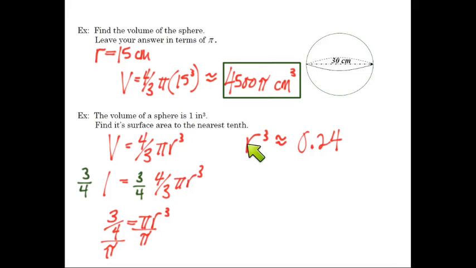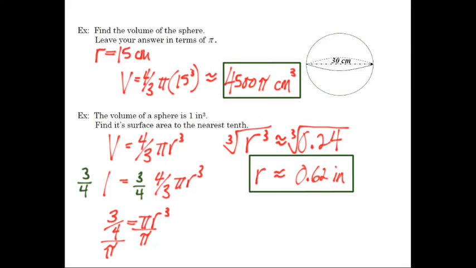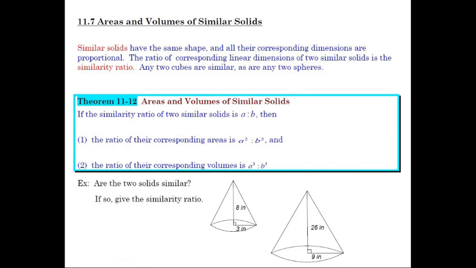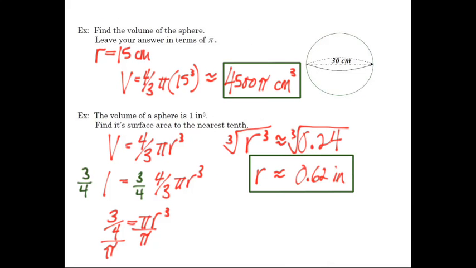Now to undo this cube power, this third power, I take a cube root. So I'm going to use my calculator to get a cube root on both sides. When I do that, I'm going to get 0.62 for my radius. Now I'm not done though, because I've been asked to figure out the surface area. So the surface area, again, is 4 pi r squared. So I plug that in: surface area equals 4 pi, and then my radius, 0.62 squared.